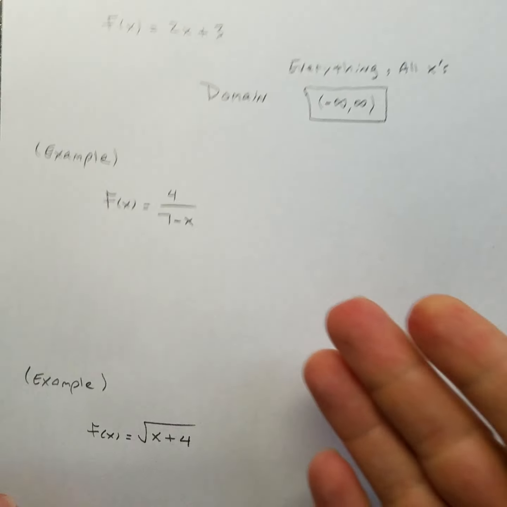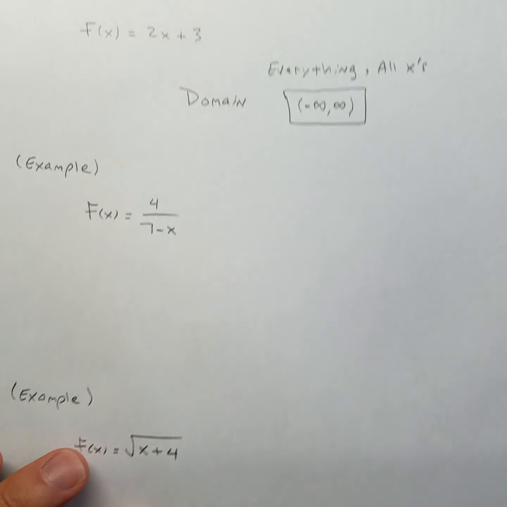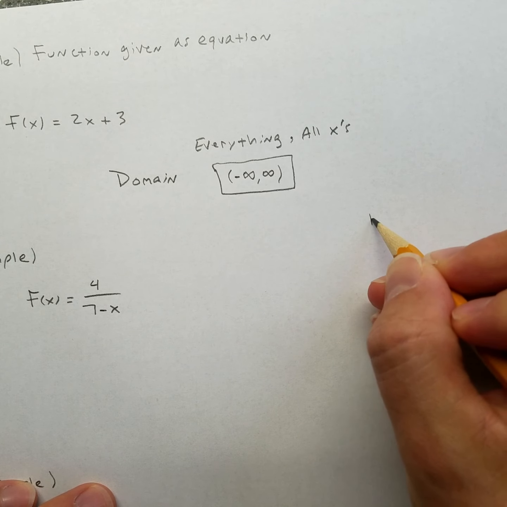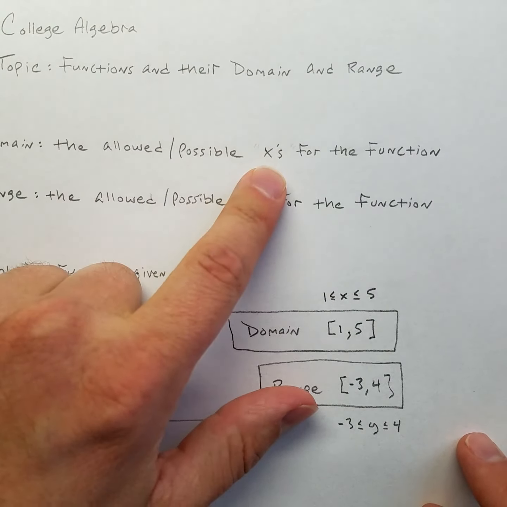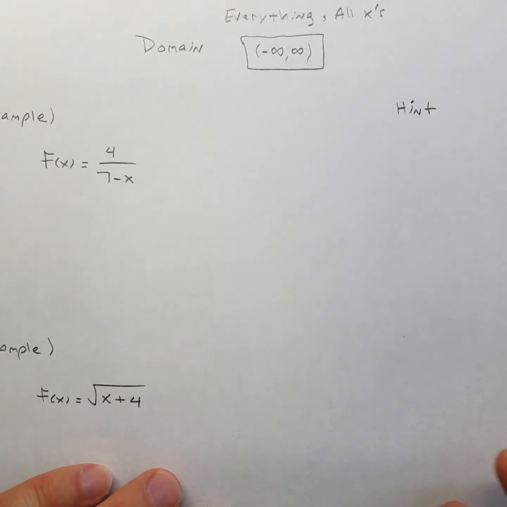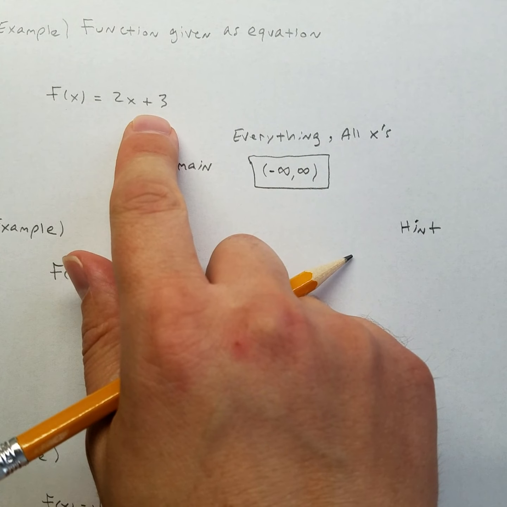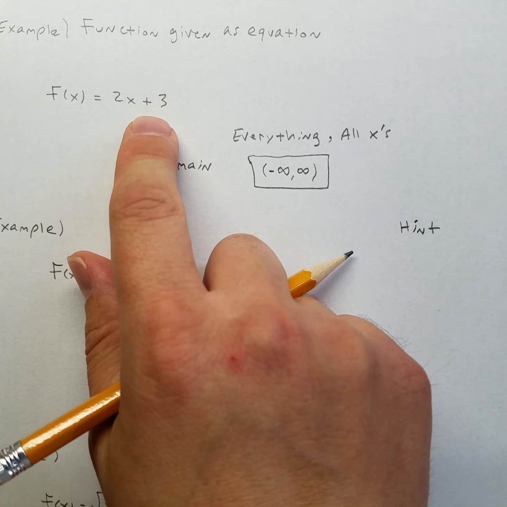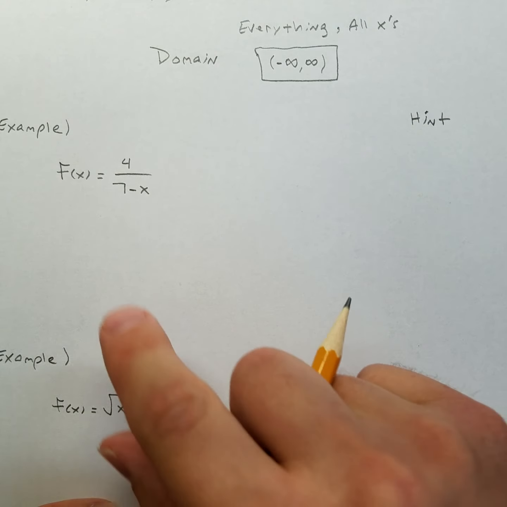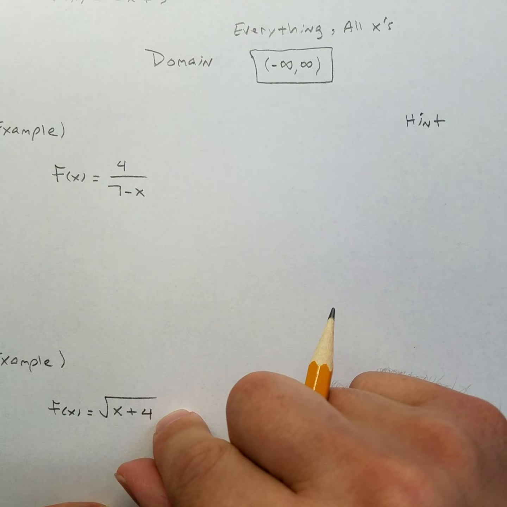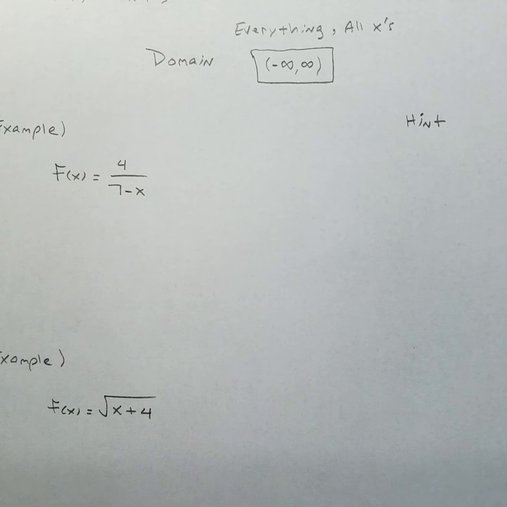But how about for others that we might see? Here's our hint. If the domain is just the allowed or possible x's, then what can go wrong if you're doing math and it doesn't actually lead to an answer? Are there numbers you could plug into these functions that would lead to problems and we wouldn't get an answer?